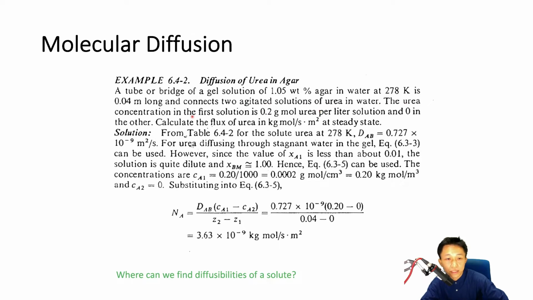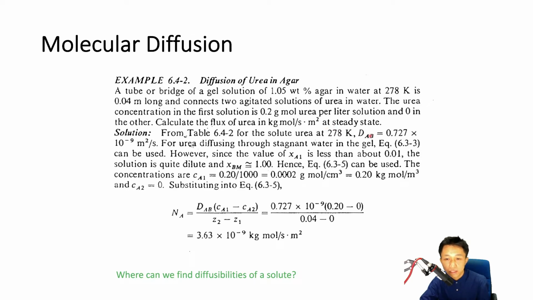The urea has this concentration on one side, gram mole per liter, this is molar for example, and the other end is 0. And we calculate the mass flux of urea at the steady state.